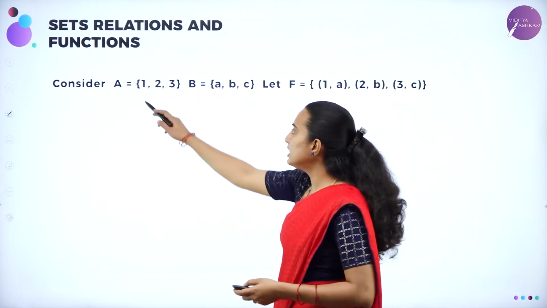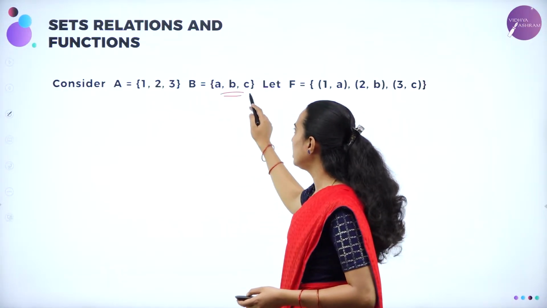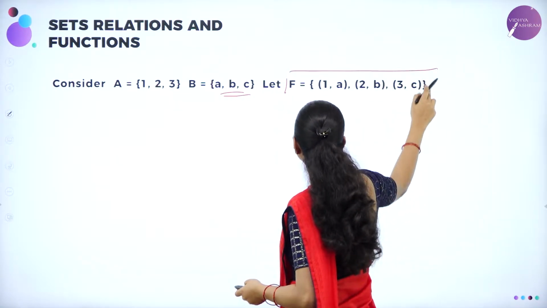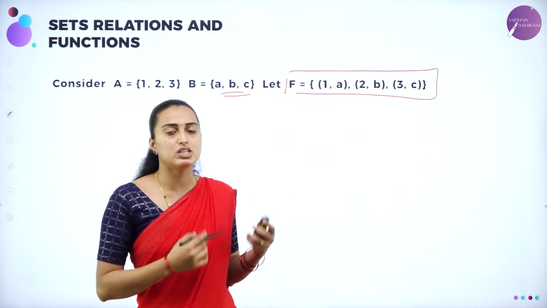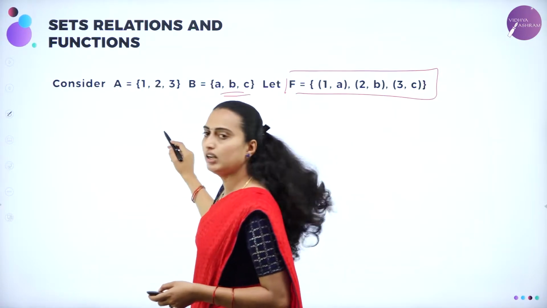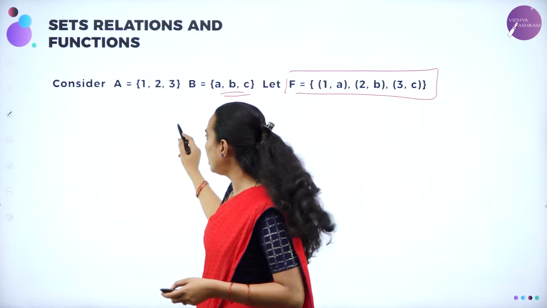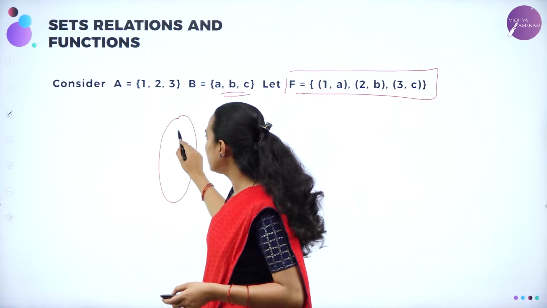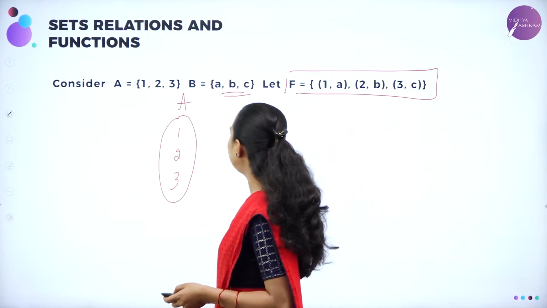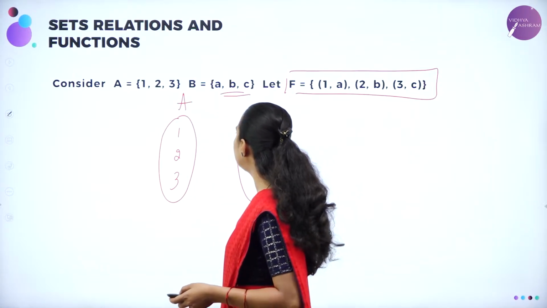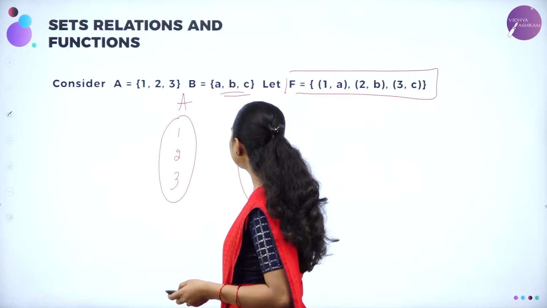Consider A = {1, 2, 3}, B = {a, b, c}. Let f = {(1, a), (2, b), (3, c)}. Let me represent this as a diagram and then let me know whether it is a function or not. See, the set A elements are 1, 2, 3, and set B elements are a, b, c.